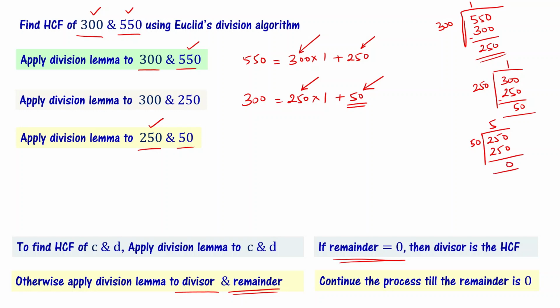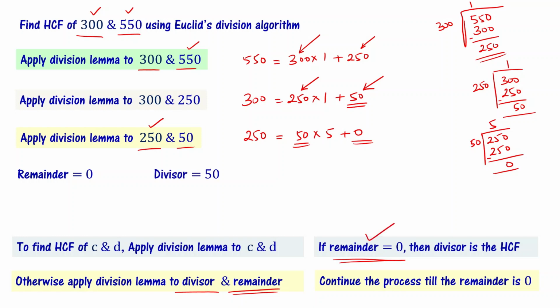When you subtract, you have 0 as the remainder, right? Now I can write this as 250, that is dividend, equal to divisor 50 times quotient 5 plus remainder 0, right? Look at this, remainder is 0 and divisor is 50, right?